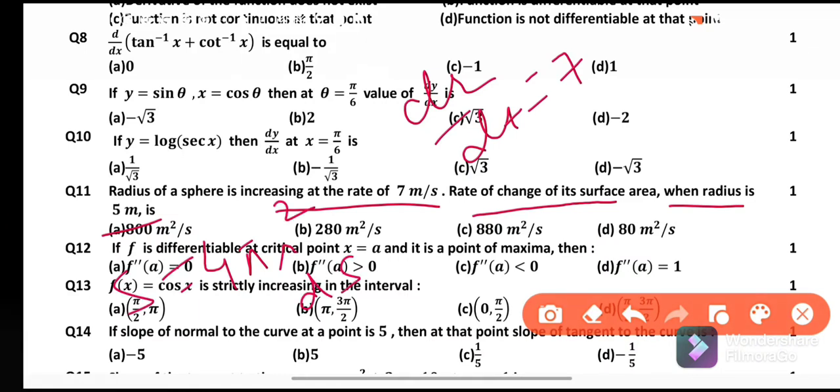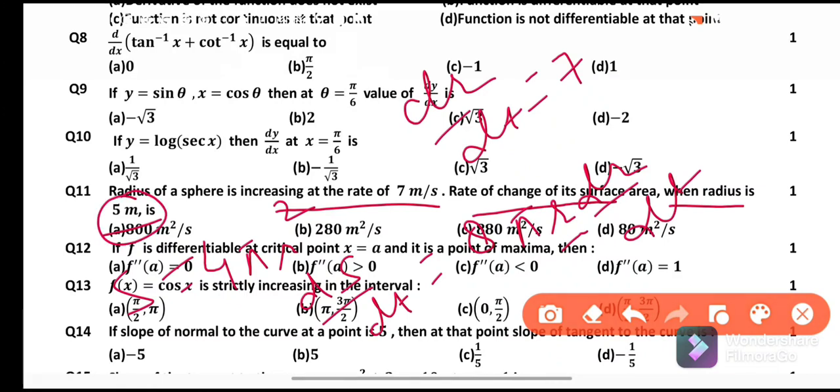Now ds by dt is equal to 8 pi r dr by dt. Now by putting values of r is equal to 5 meter and dr by dt is equal to 7 meter per second.